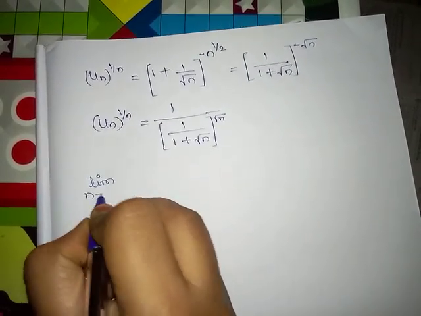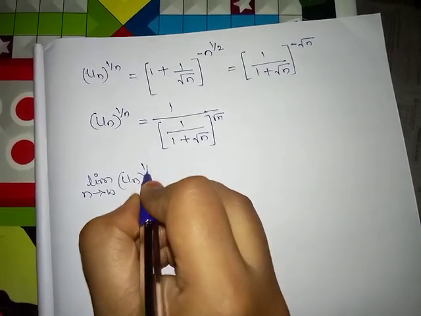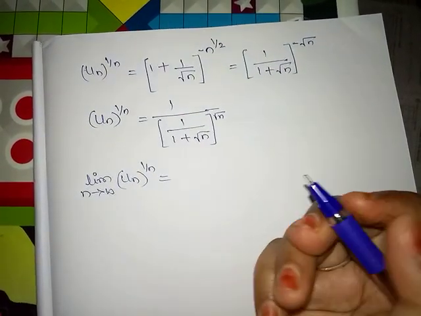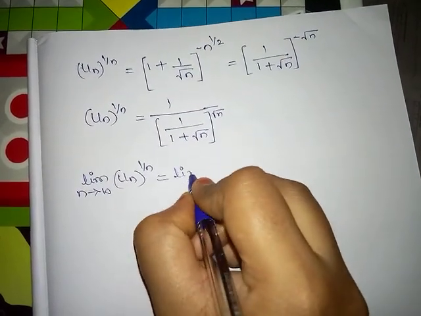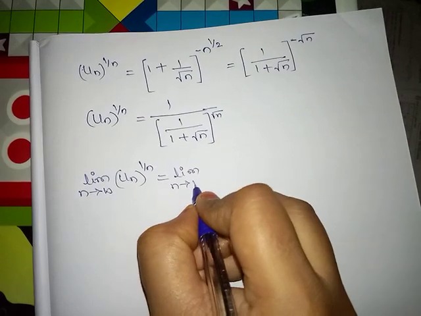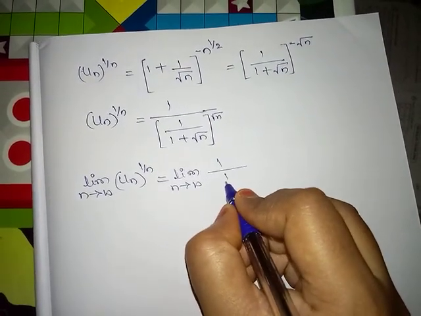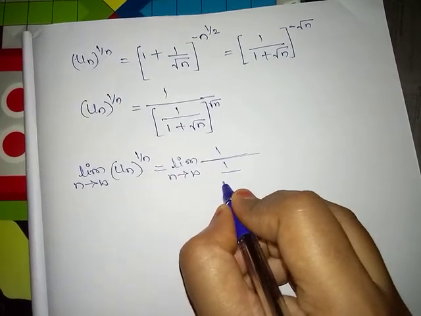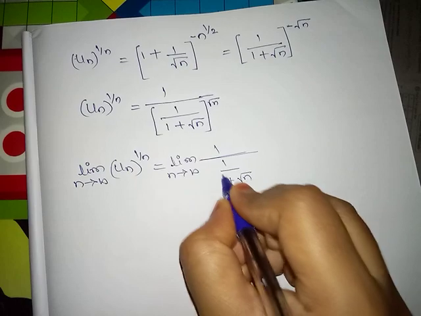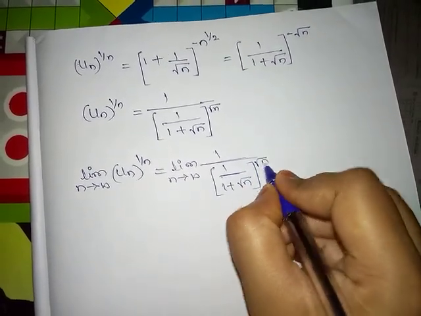Limit n tends to infinity, un raised to 1 by n is equal to limit n tends to infinity 1 divided by 1 plus square root of n whole raised to root n.